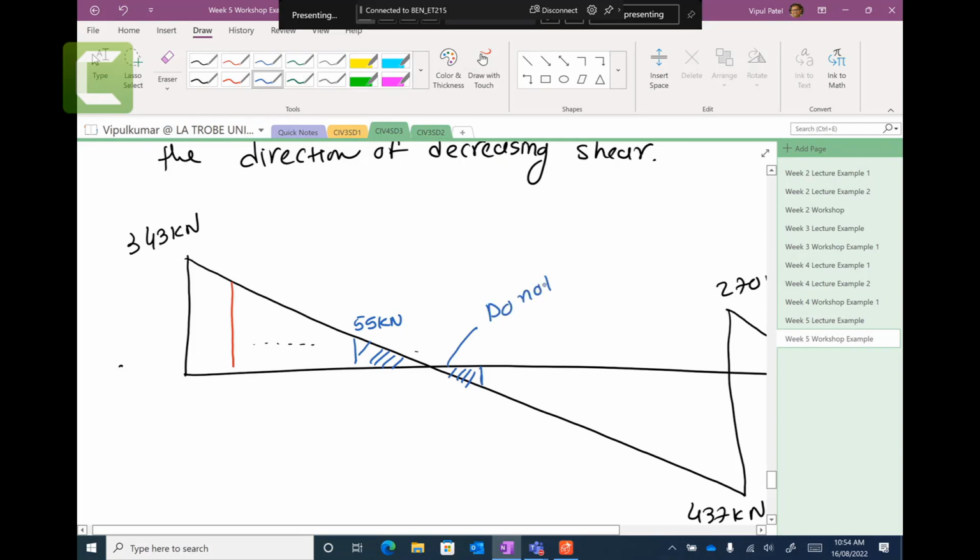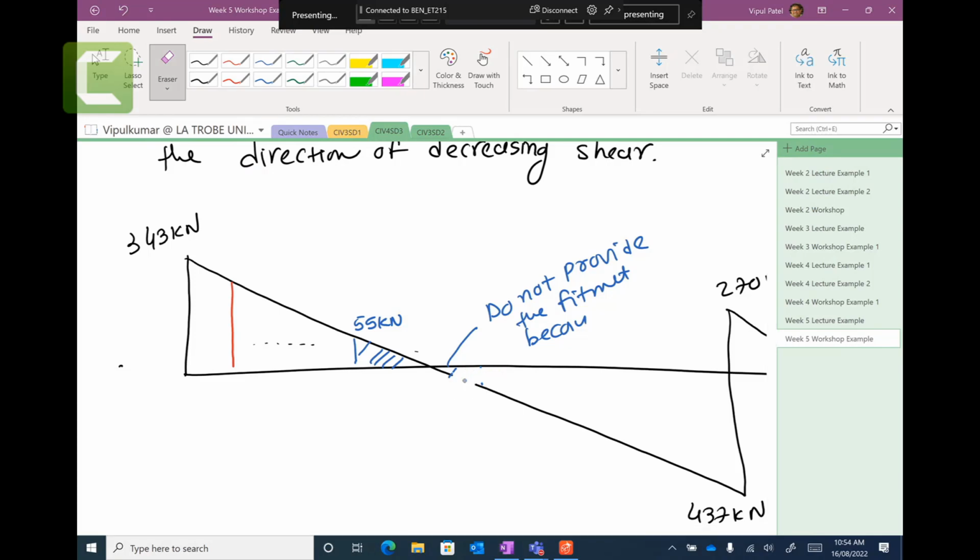Do not provide the fitments here, because that would be a different story. I'm just talking about this region, because V star in this region is less than the capacity.